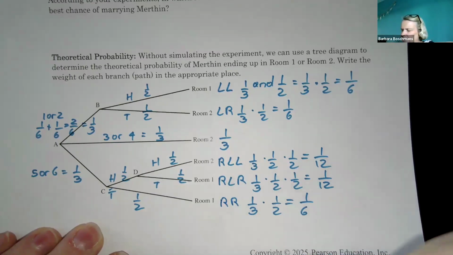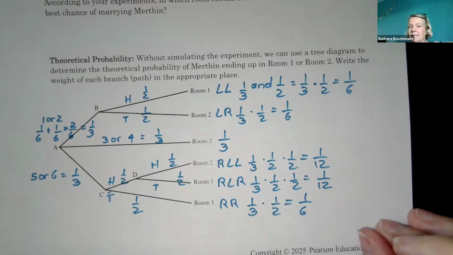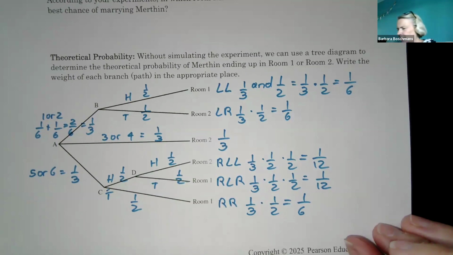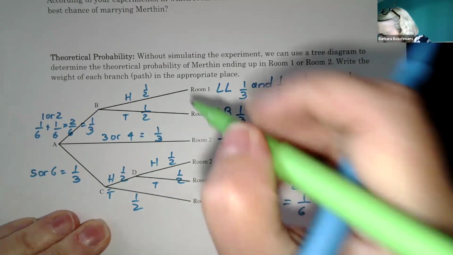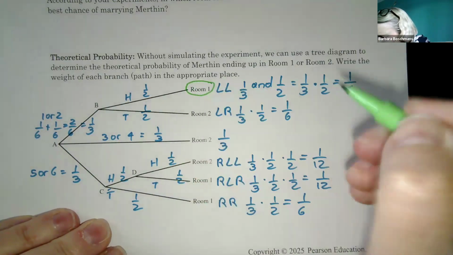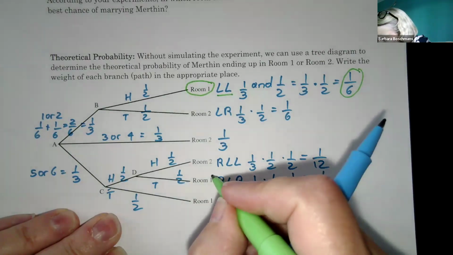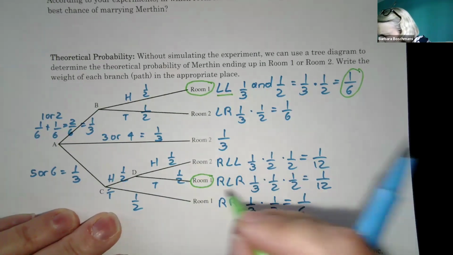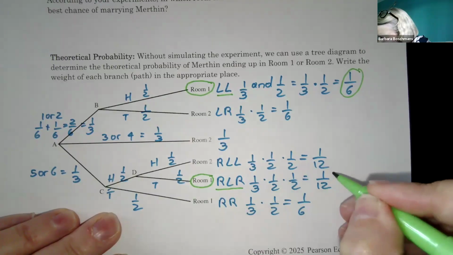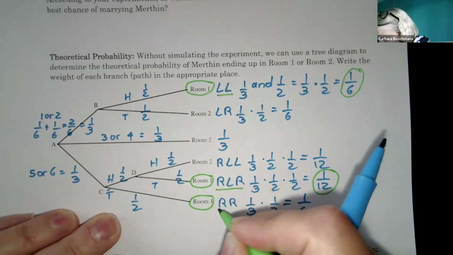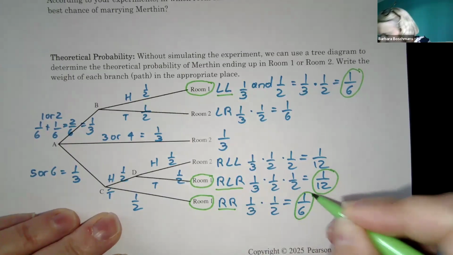So if you look at these different outcomes to end up in these different rooms, you have different probabilities. Room 1, you get there from going left and left, and that's a probability of 1/6. But the room 1 down here is right, left, right, which is a probability of 1/12. The room 1 down here is right, then right, which is 1/6 again.